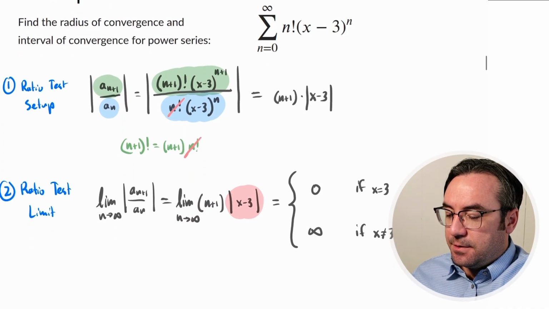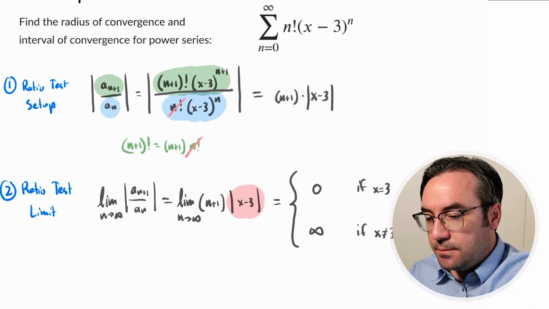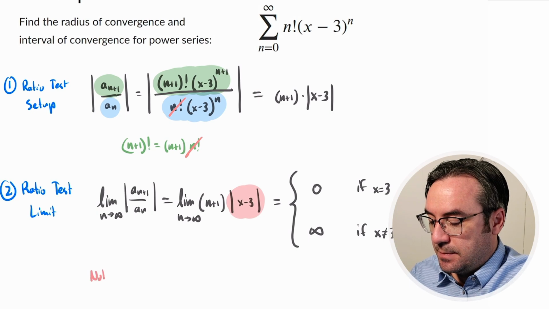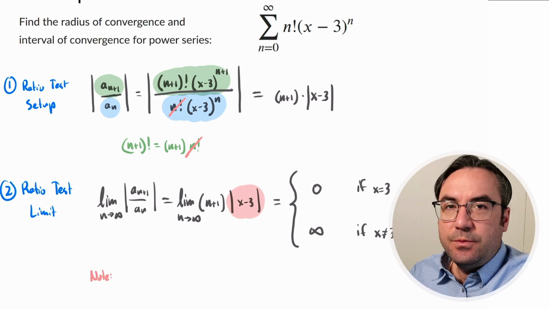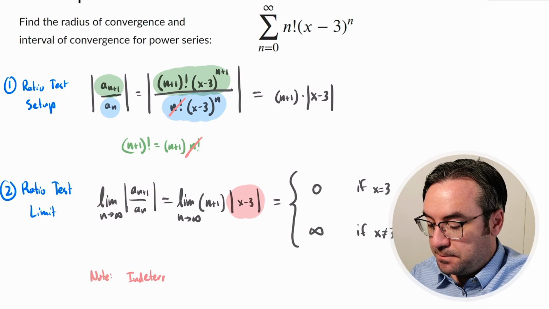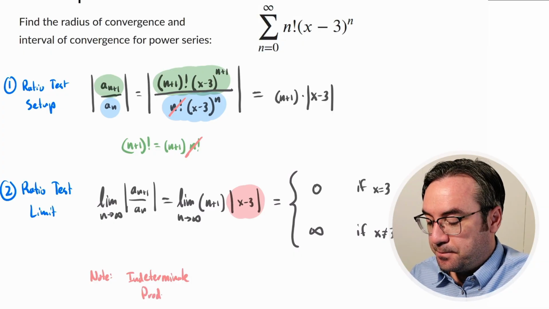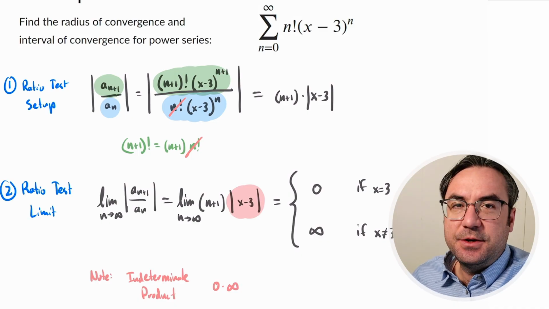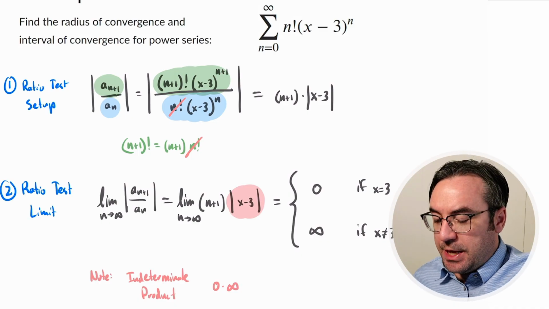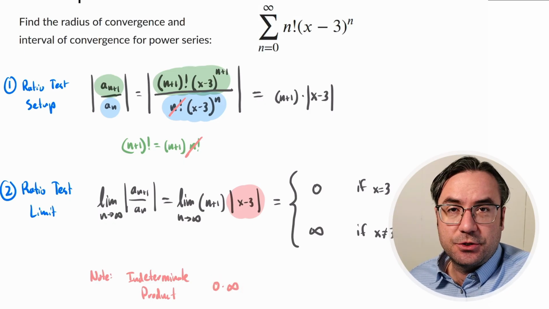Now, just a little note here. When we do limits, there's an indeterminate product where you have one term that's approaching 0 and another term that's getting larger and larger.